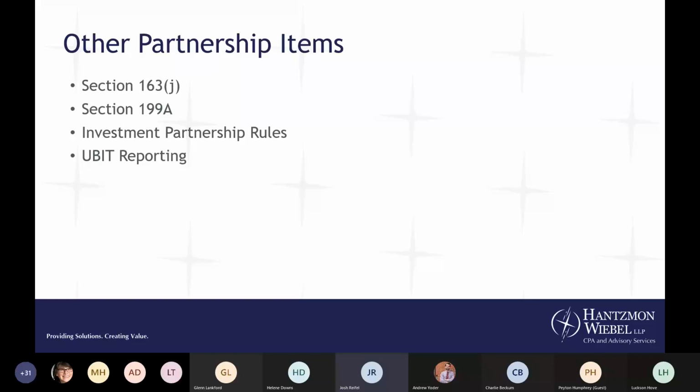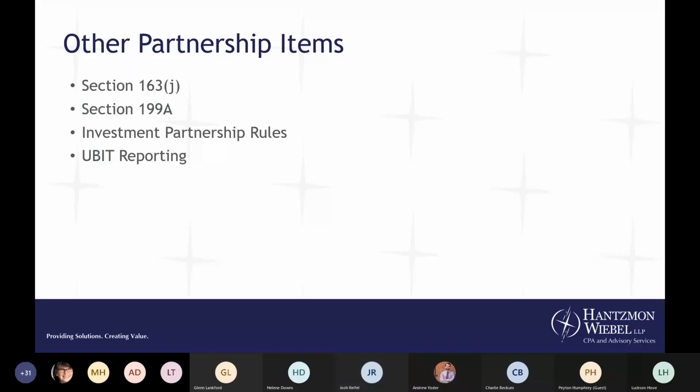As far as 163J, you may get K1s that present any excess business interest expenses separately. That's under, I think, 13K now, or at least it was last year on the K1. So it's something to be aware of if your client is receiving one from a partnership. You have to look at their particular tax situation and whether or not they're subject to 163J, and then apply the rules appropriately.